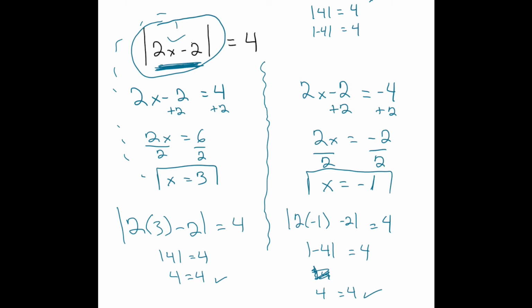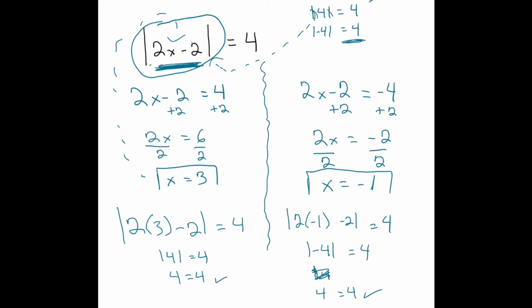So you can see over here in this equation, that's basically what we have. We have this side equal to 4, well, we have that over here. And then we have absolute values. We have both things right here that are equal to 4.